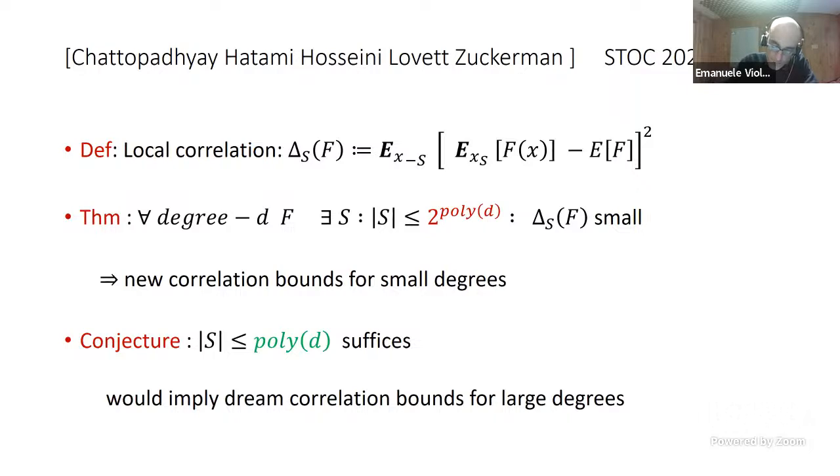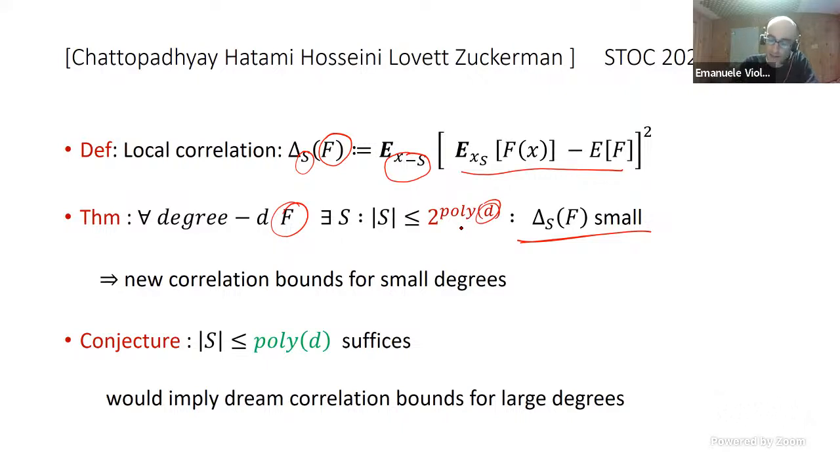If you have a function and a subset S of the variables, you look at what happens when you pick random values outside of the set S, and you look at the variance of what's left, the variance just over the variables in S. They prove this nice thing: if you have a polynomial f, this local correlation is small, and you can find a set S of variables which is of size only, quote unquote only, exponential in the degree. So this is nice when the degree is small.